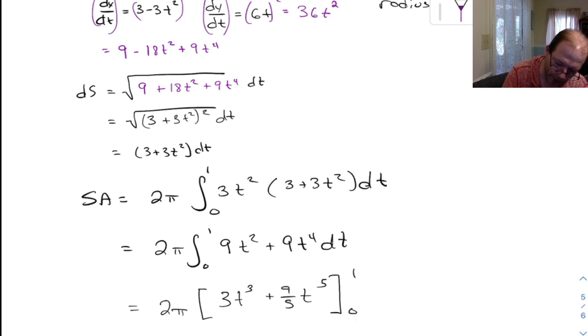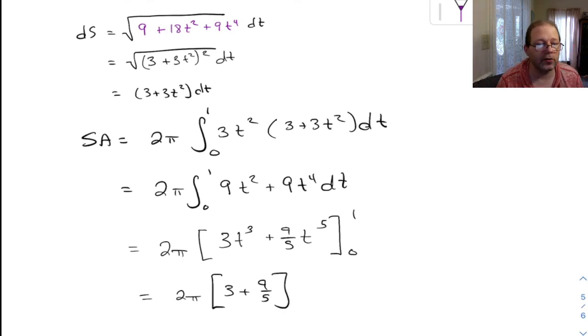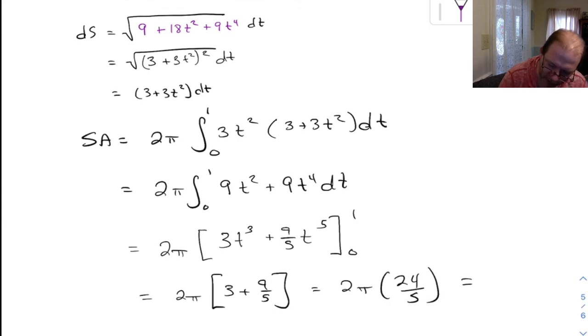We're going from 0 to 1, my two favorite numbers to plug in. Because you plug in the 1, you just get 3 plus 9/5. You plug in the 0, you just get zeros. So 3 plus 9/5, that's 15 plus 9 is 24. So it looks like that ought to be 48 pi over 5.